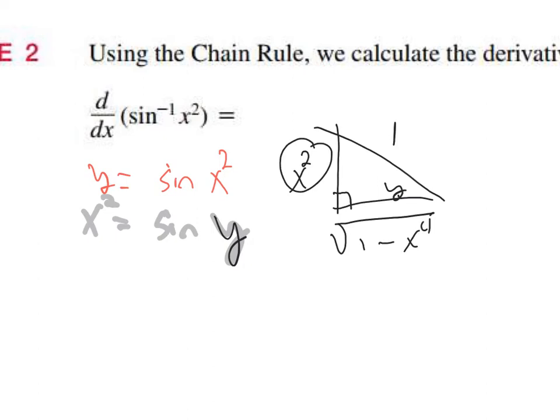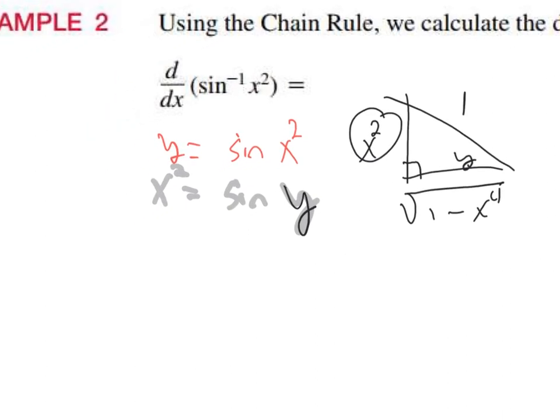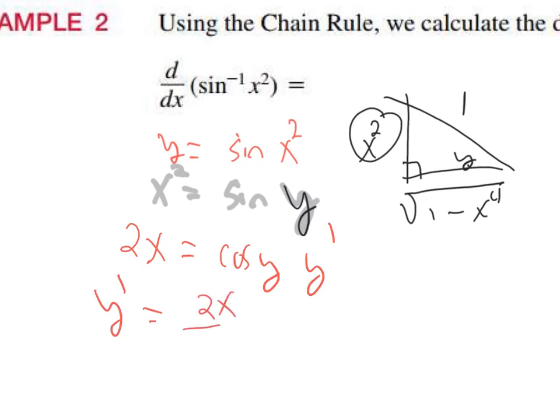Well, that looks familiar. Now do the calculus. Derivative of x squared is 2x, equals the derivative of sine, which is cosine of y, chain rule, y prime. Y prime, the derivative, is 2x over cosine of y.